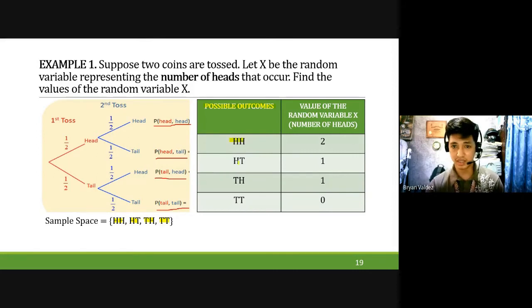So, head, head, head, tail, tail, head, tail, tail. So, bilangin natin yung value of the random variable X. Yung X natin, tandaan natin, class, is the number of heads based on the problem. So, bilangin natin sa isang outcome, sorry. Yung dun sa isang outcome, kasi di ba class, meron tayong four possible outcomes.